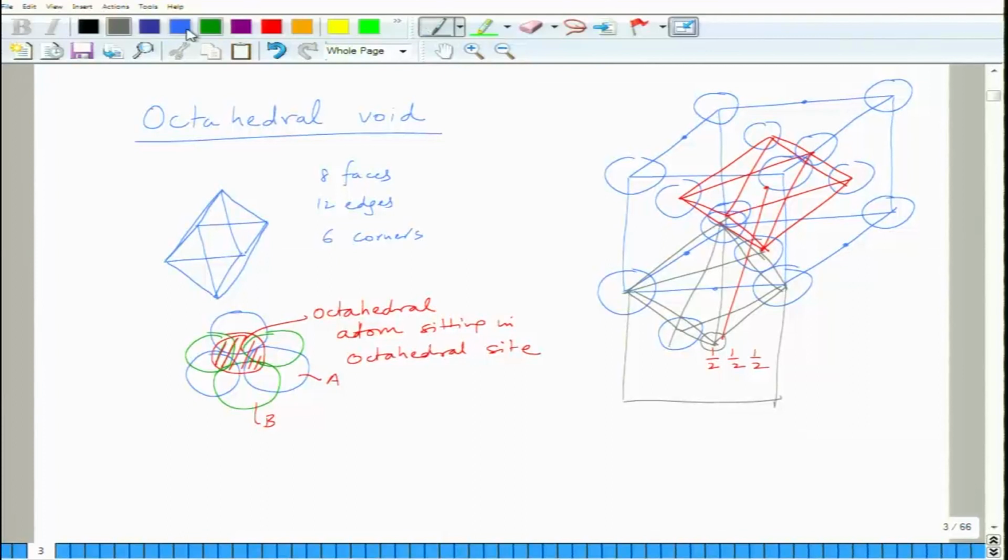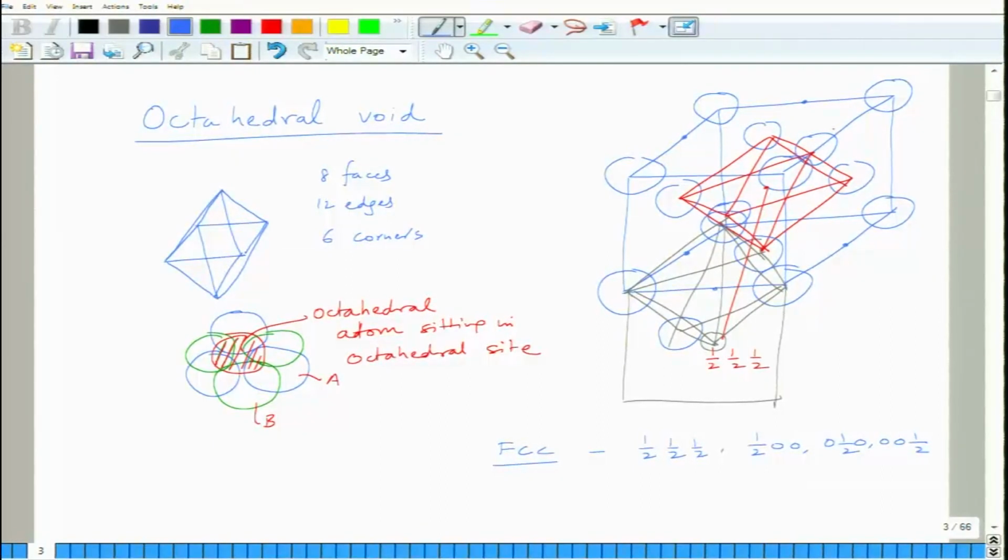So the octahedral voids in case of Fcc are located at half half half, 0 0 half, 0 half 0 and half 0 0. Okay.